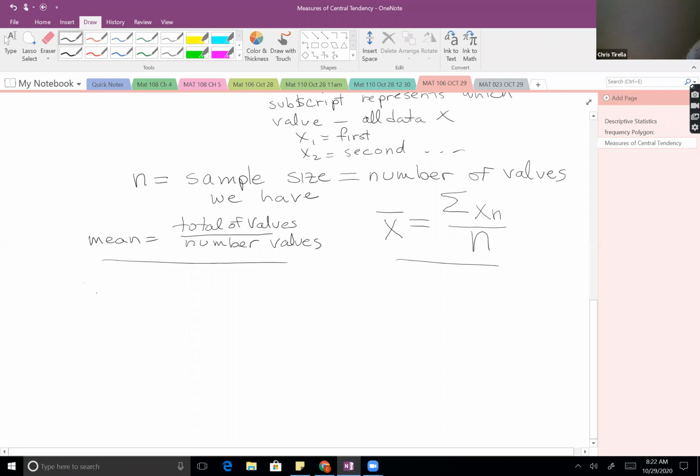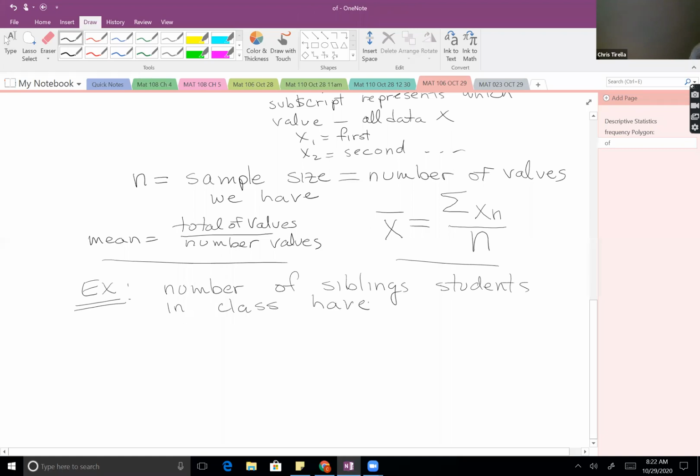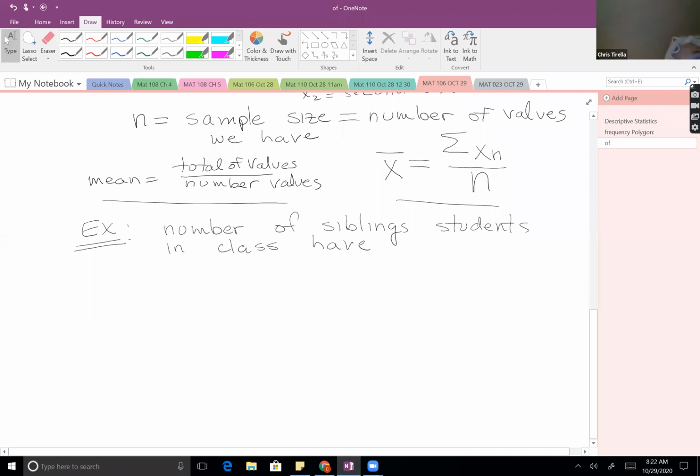So I'd like to, for an example, look at the number of siblings that students in class have. And I'd like to divide the class into two groups.